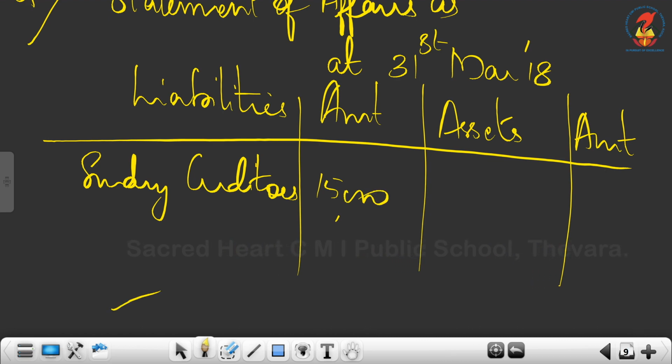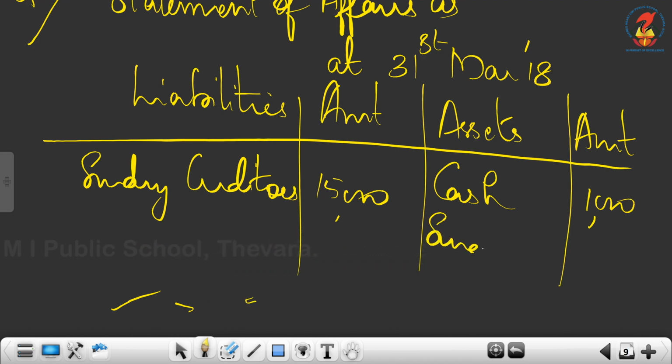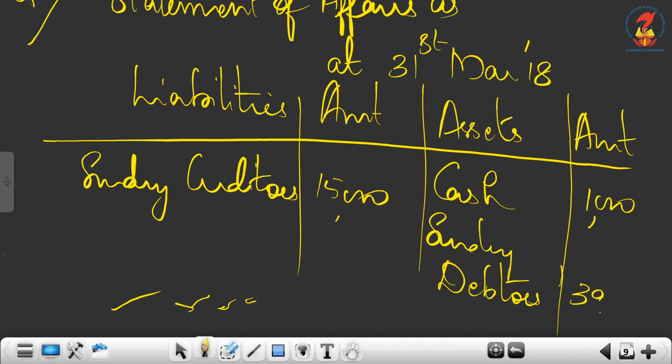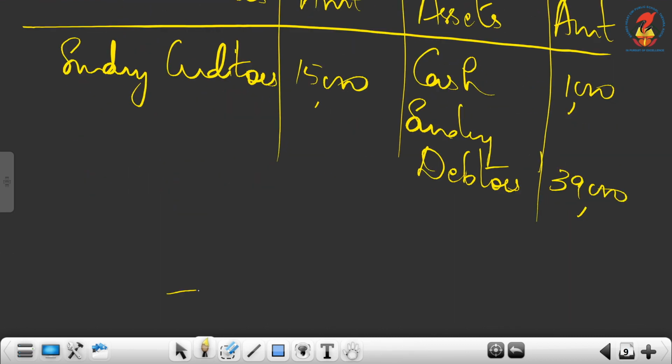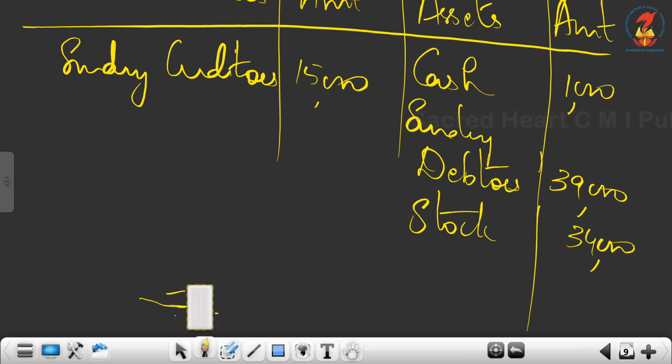Assets we'll write cash, debtors, $39,000. Stock 34,000. Plant and machinery 60,000. These are the items.